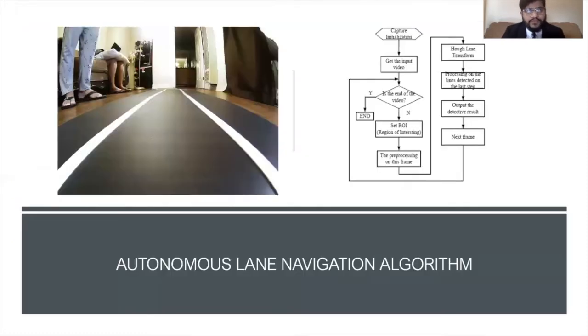So here, moving forward, is the architecture for autonomous lane navigation. We can see in the architecture, the first thing which needs to be done is to capture an image. So while implementing the project, I had to construct a demo road. As you can see in the picture, it is a representation of a real life road, has a black surface and it has white lines on both sides of the car. Why do we need to capture this image?